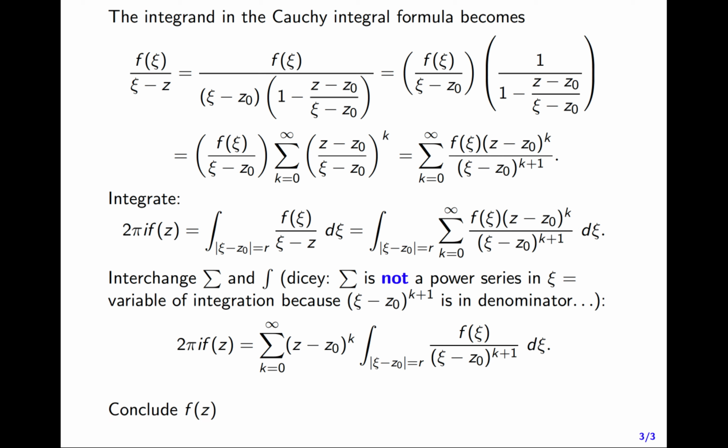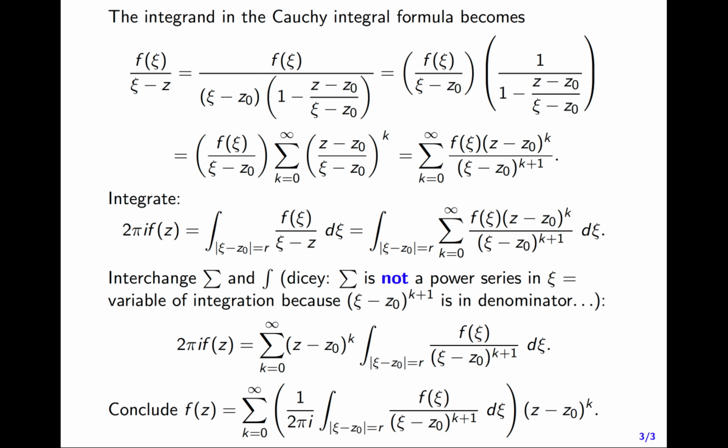And so if I just divide by 2 pi i I get f of z is the sum from k equals 0 to infinity of the single complex number 1 divided by 2 pi i, integral over |c minus c0| equals r, f of c divided by (c minus c0) to the k plus 1.